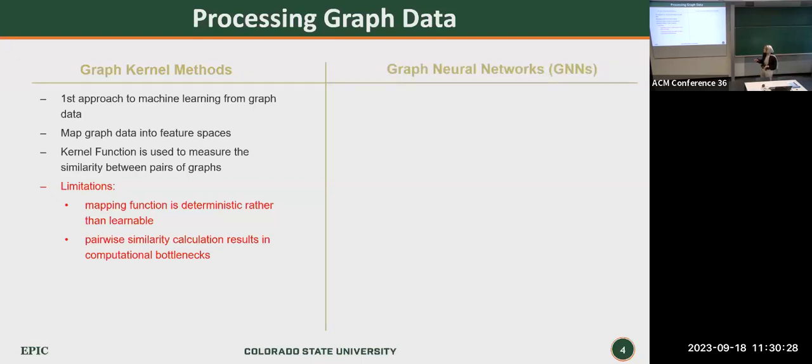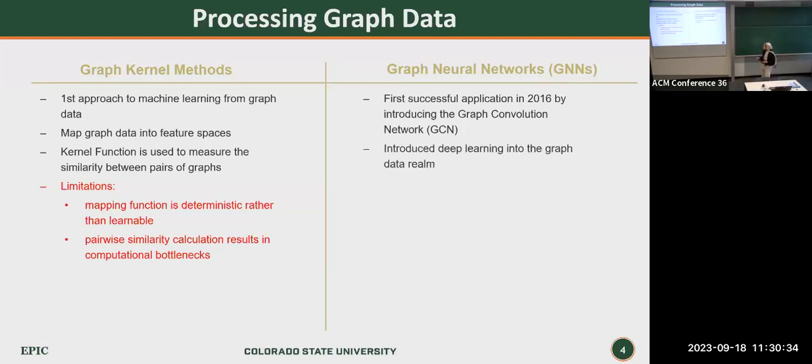On the other hand, graph neural networks first became successful in 2016 when the graph convolution network was introduced. It mainly introduced deep learning into the graph data realm, which, as you can imagine, revolutionized the processing of graph data. And unlike graph kernel methods, GNNs are able to directly perform graph classification based on the extracted or learned graph representations.